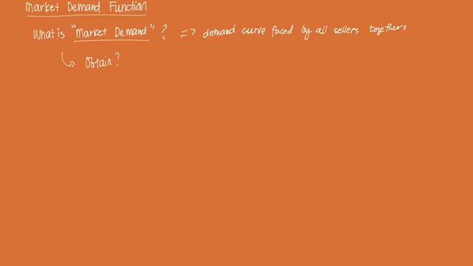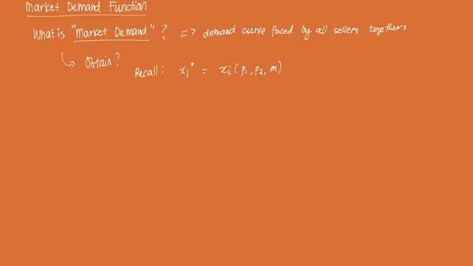Recall an individual consumer's Marshallian demand, x_i star, is some function of prices, say P1, P2, and their own income. Their Marshallian demand is the amount that they will demand for a particular good or service.